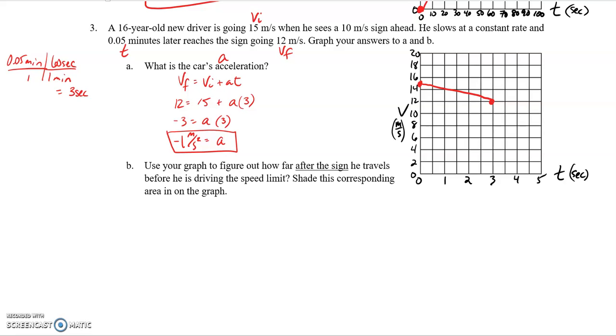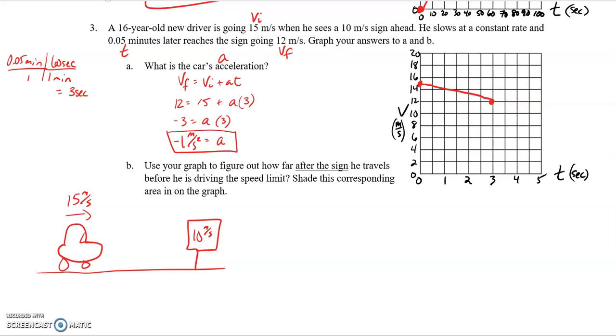Part B then says use your graph to figure out how far after the sign he travels before he's driving the speed limit. So, kind of to make a visual for this problem, here's a car going along at 15 meters per second. It sees the speed limit sign up here.